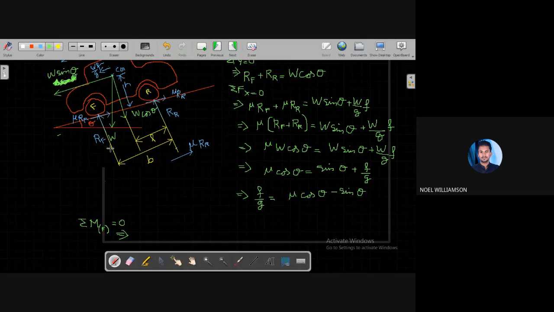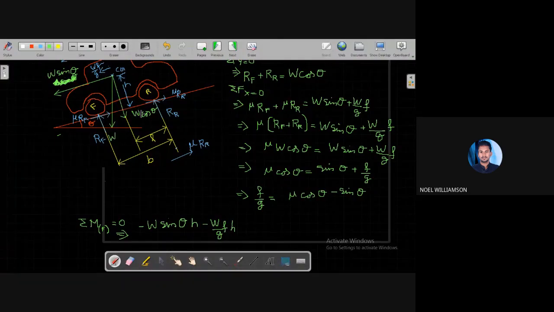So we will take a negative sign and write minus W sin theta into h. Then W by g into F, which is also in the counterclockwise direction. Therefore, minus W by g F into h.